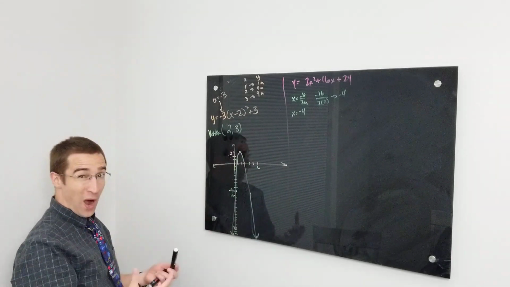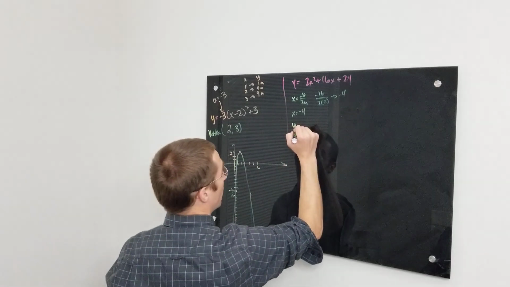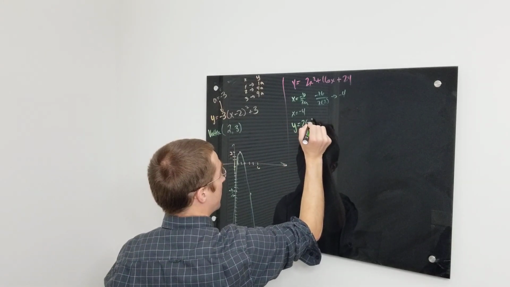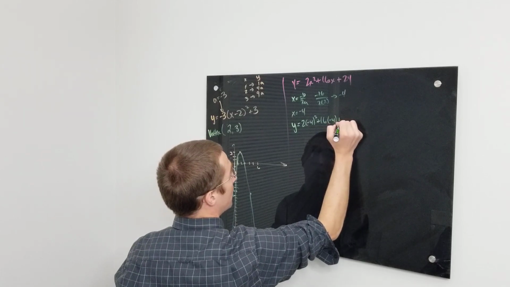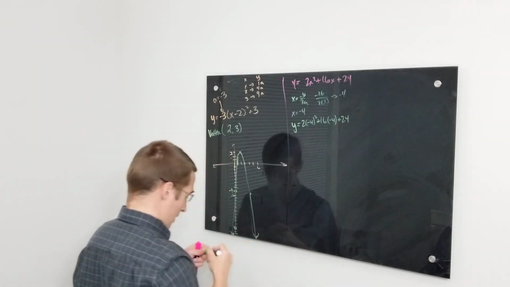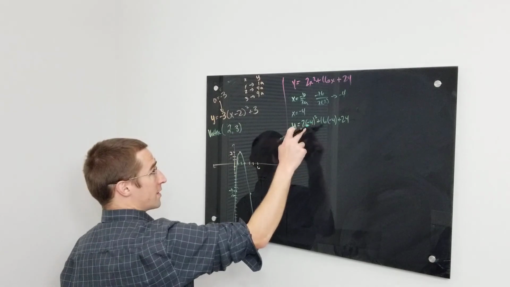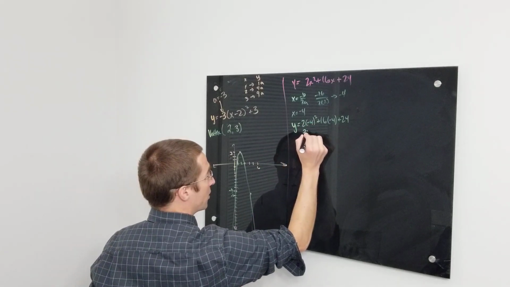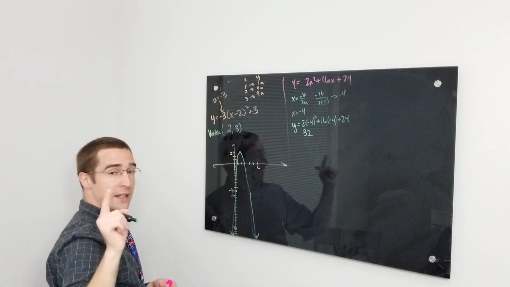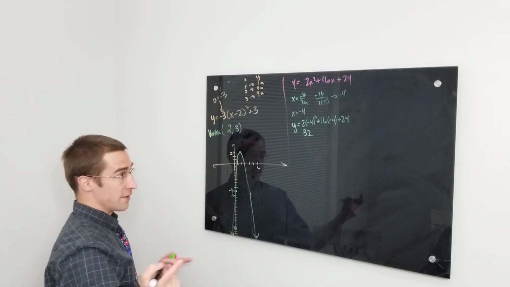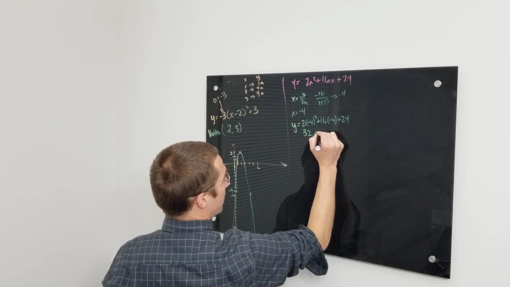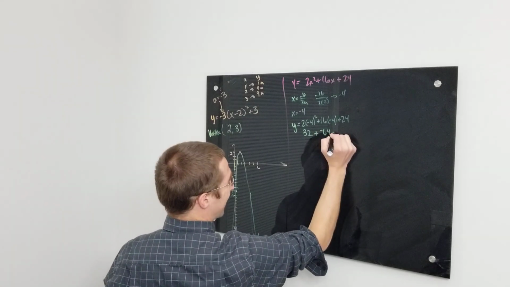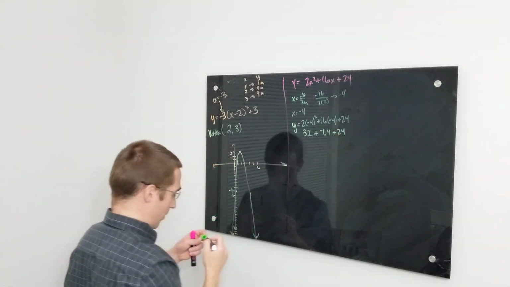So I need to find the y number for the vertex. So I just go y equals 2 times -4 squared plus 16 times -4 plus 24. Multiply that out, right? 16 and 2 is negative, so that's 32. Remember, whenever you square a negative, it becomes positive. So I get a positive 32 there, plus -64, so that's going to act as subtraction, and then plus 24.